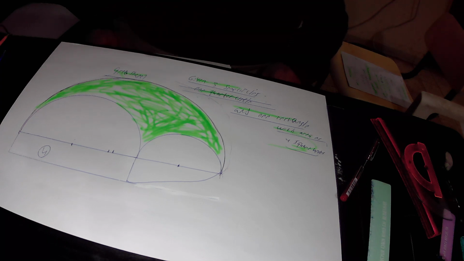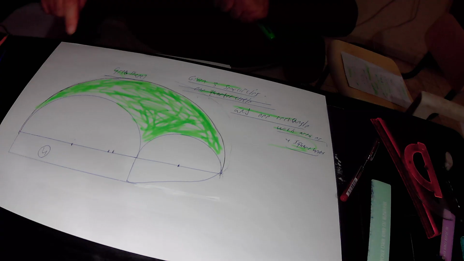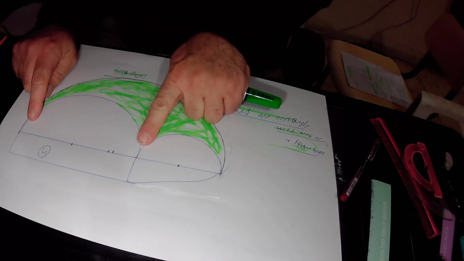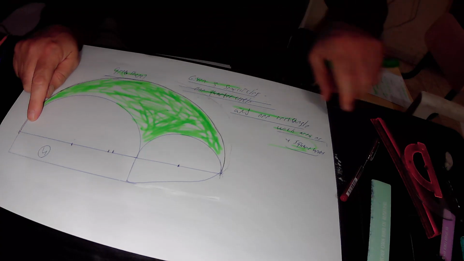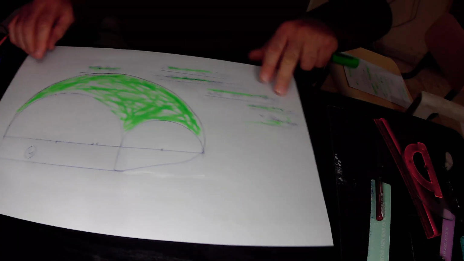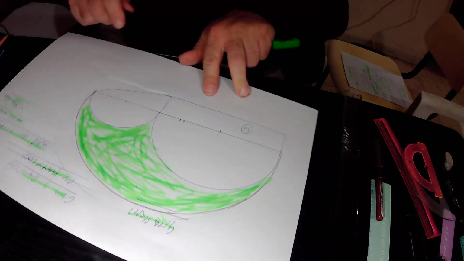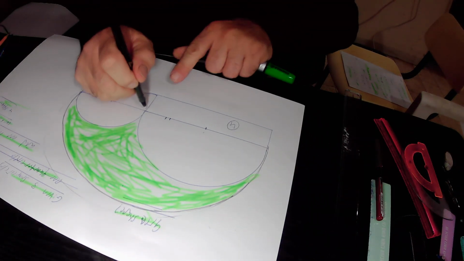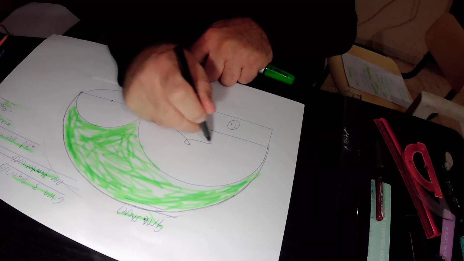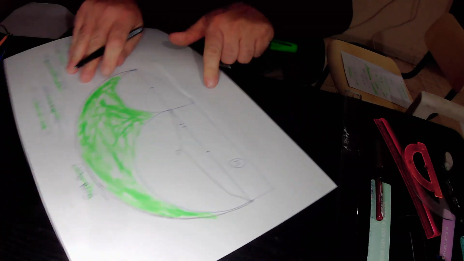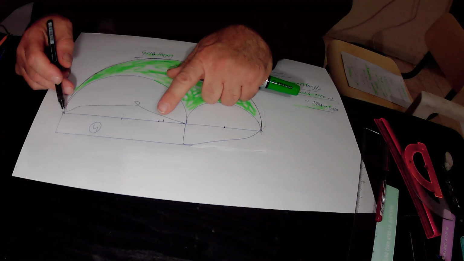So first of all, we will define the length of this rectangle. This length is x. And we will define the width of this rectangle.